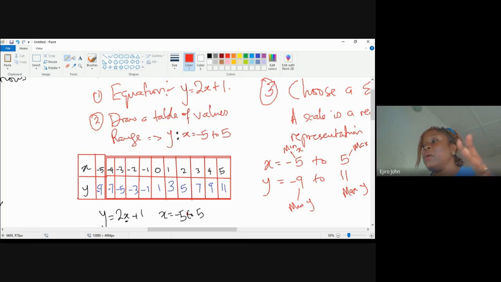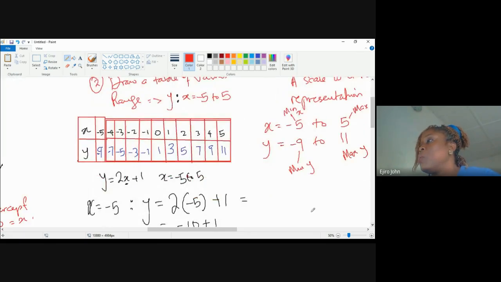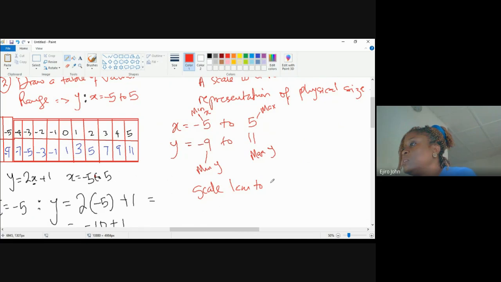So now we have to find a way so that all these points will fit inside the graph. So I'm going to choose a scale of 1 centimeter. My scale will be 1 centimeter to 1 unit.